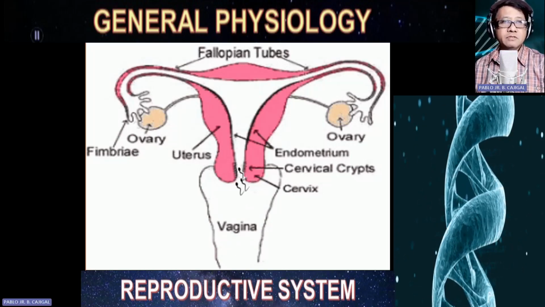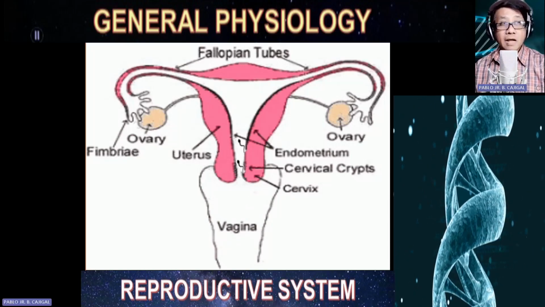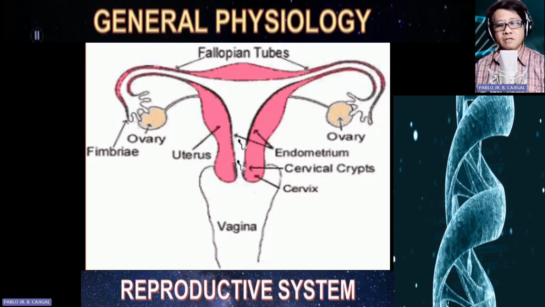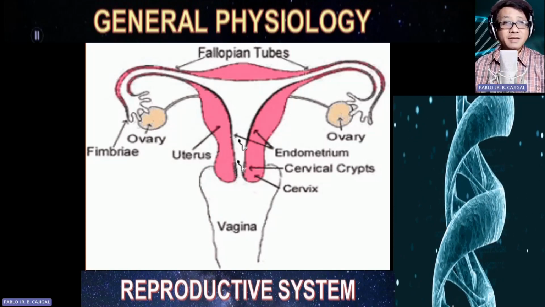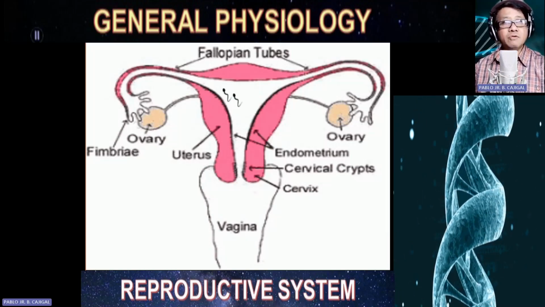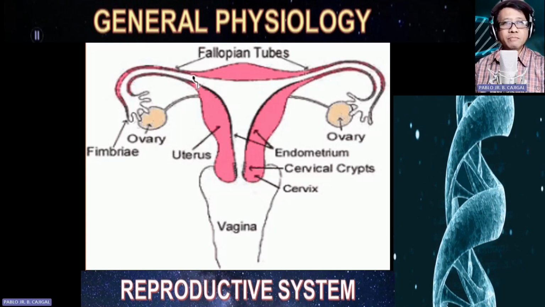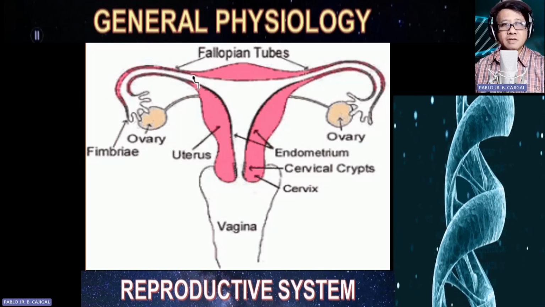Then pagpasok nila sa cervix, mahaba pa yung journey. So kung sino yung may baon, nakapagbaon sila ng kanilang nutrients na binigay ng seminal vesicles, sila yung makakaabot na dun sa fallopian tubes. Pero only one sperm cell will fertilize the egg.